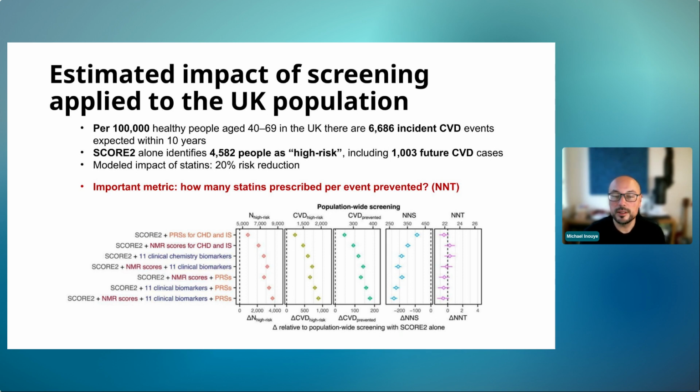Largely, as you add these new biomarkers into SCORE2, you still more or less hover around 22 individuals needed to treat to prevent one CVD event. Which is good: the efficiency of prescribing medication is essentially maintained, but you get the benefit of increased numbers of cardiovascular disease events prevented.